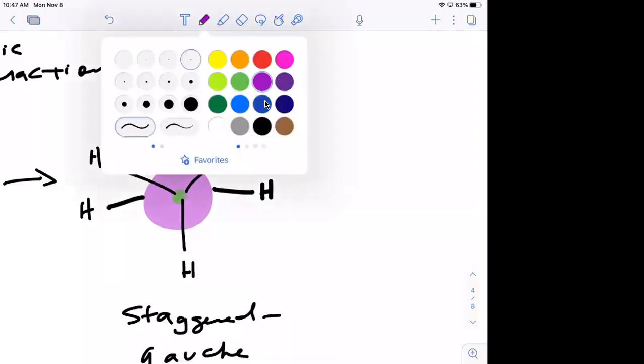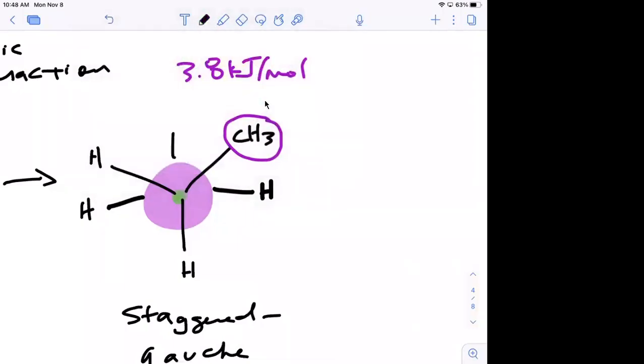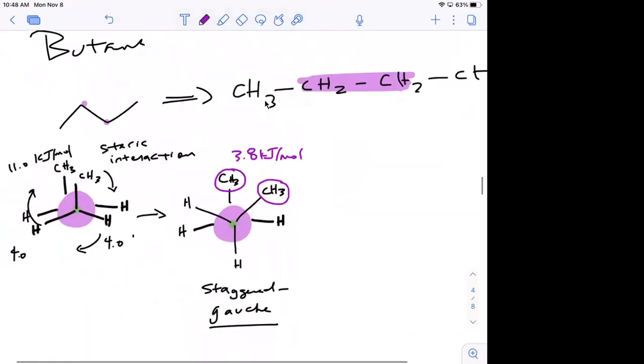All right, questions about that? Even though the angle between them is 60 degrees and you have alleviated much of the strain that was there when the angle was 0, it still costs some energy for them to be staggered to each other like that.